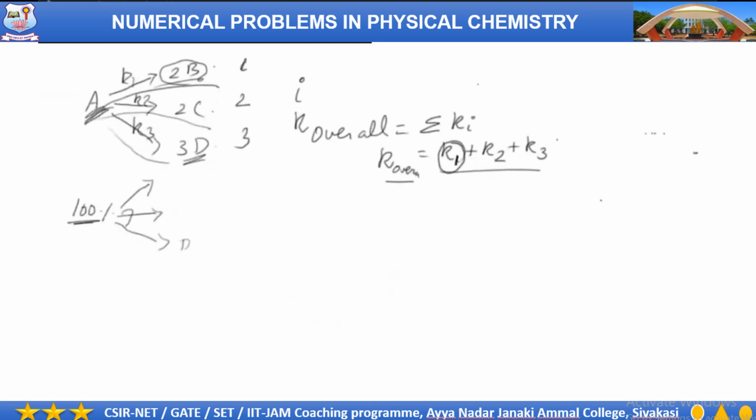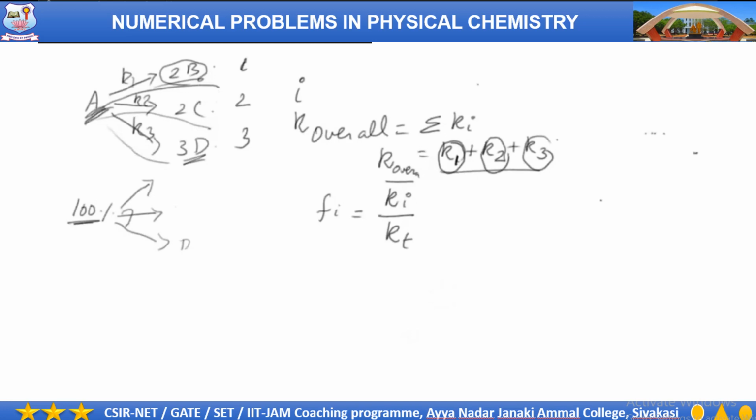What is the fraction of K2? What is the fraction of K3? We calculate it using Fi, that is, the fraction of the ith mode is given by Ki, the K value for that ith mode, divided by K overall. Instead of writing overall, we will write it as KT, K total.